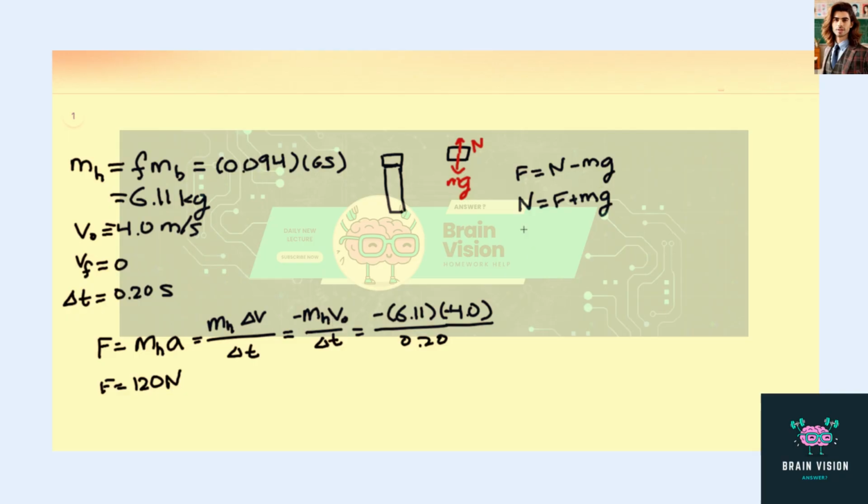So we're going to have to come back over here and actually solve for the normal force. So it's going to be the 120 we just calculated plus the weight of the head, which we said was 6.11, being multiplied by the force due to gravity. And then to two significant figures, that will give us 180 newtons, which is answer choice D.